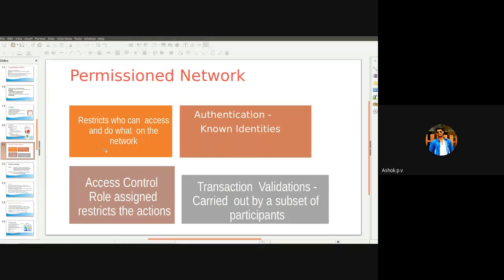Security is one of the main issues in most companies, where they don't handle transactions and who will be able to access what kind of data, because there may be error scenarios where the wrong person may be able to get their hands on the data, which is a big loss for the company. So coming to this permissioned network, we have a card, not exactly a card, but an authorized signature for each and every identity.